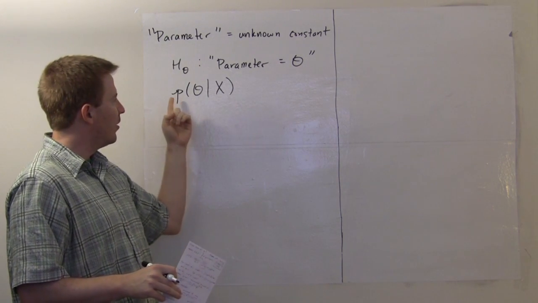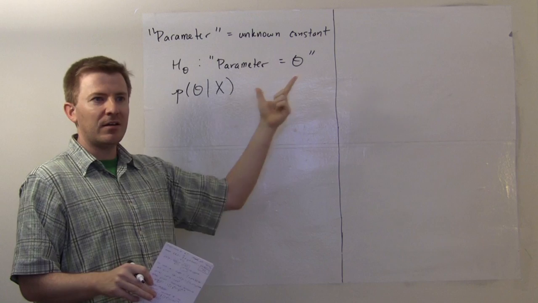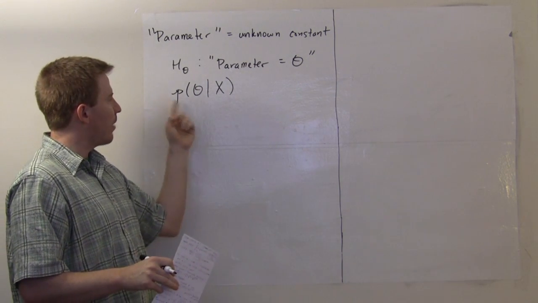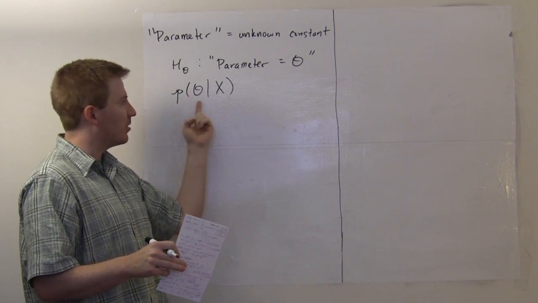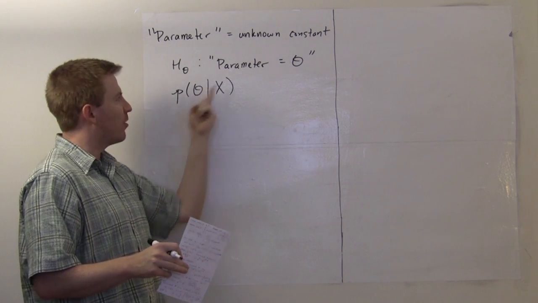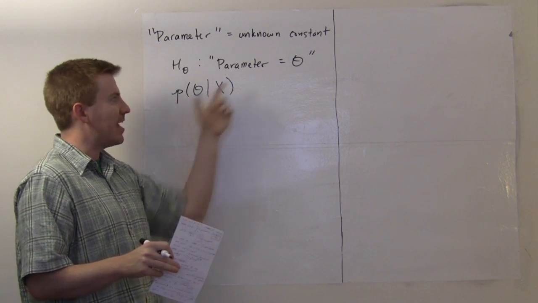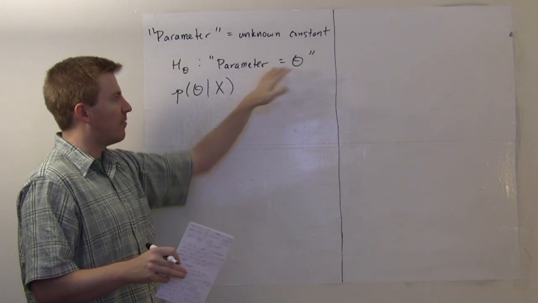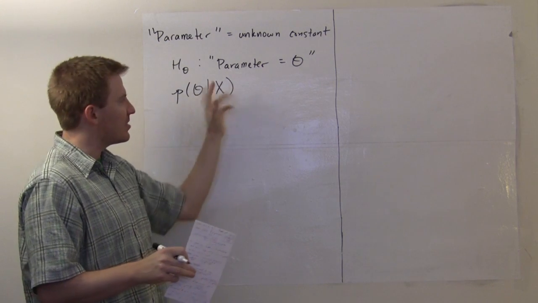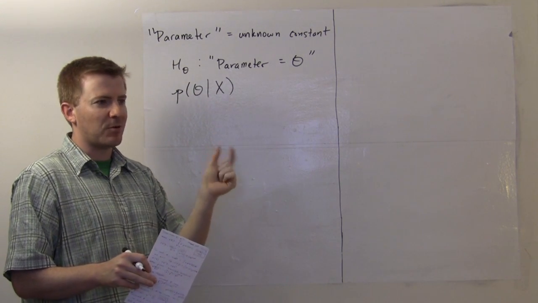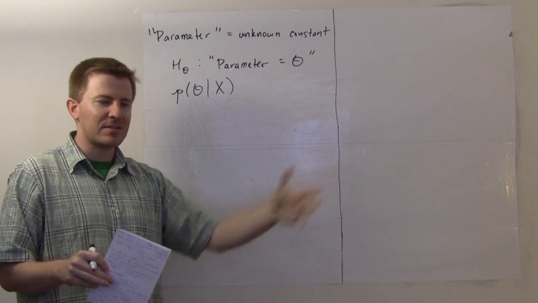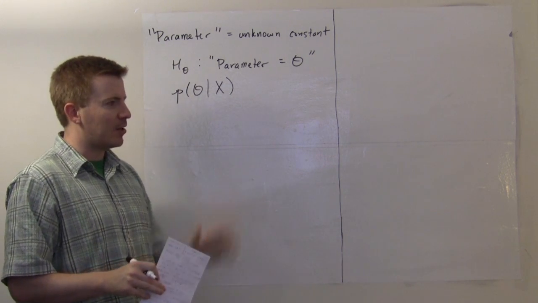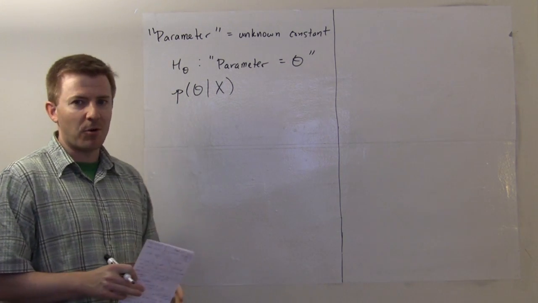So we'll talk about probabilities of theta, but what we really mean is the probability of whatever parameter we're talking about having a particular value theta, and we may refer to that parameter by the name theta or n or whatever it is that we're talking about. So occasionally this notation gets a little bit confusing: we're talking about the variable or a particular value of the variable, the index of this hypothesis. Hopefully it'll be clear as we go through the problems, but just to warn you.